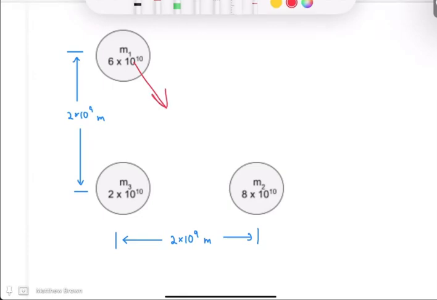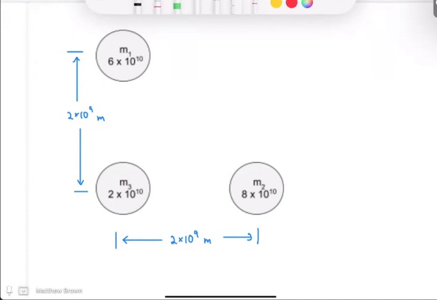This one here would probably move a little bit in that direction. These are all masses, so everything attracts. We don't have to worry about anything repelling. And M3 we expect to sort of move somewhere in the middle like that. So all of them would move and clump together, but we're just interested in this initial instant in time.